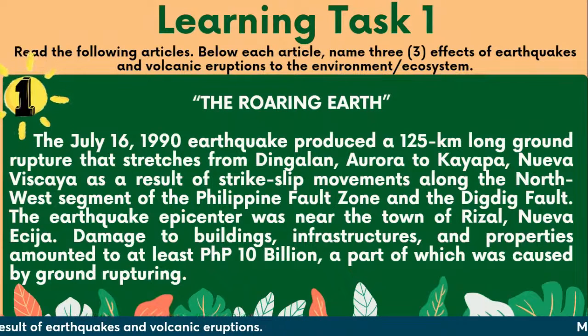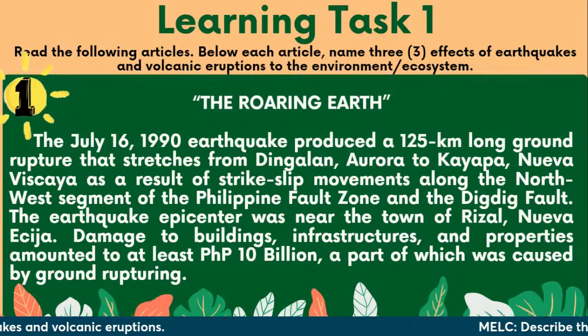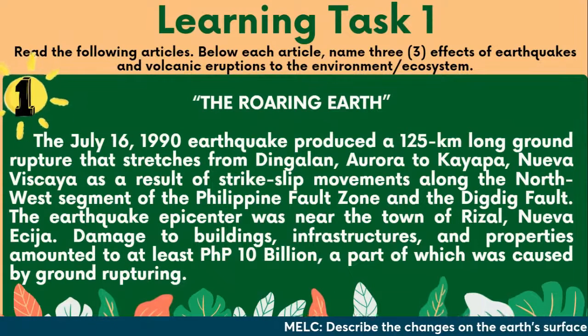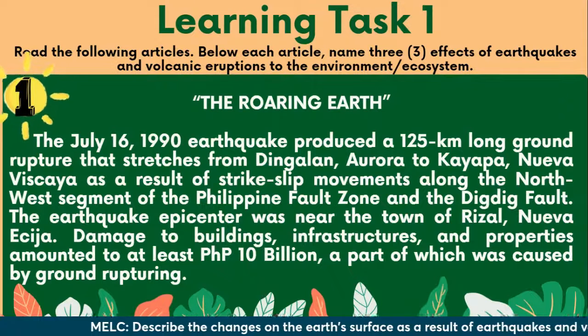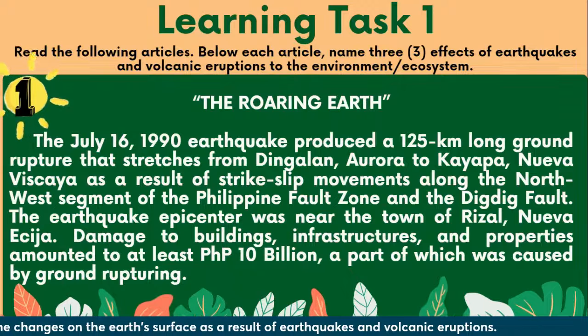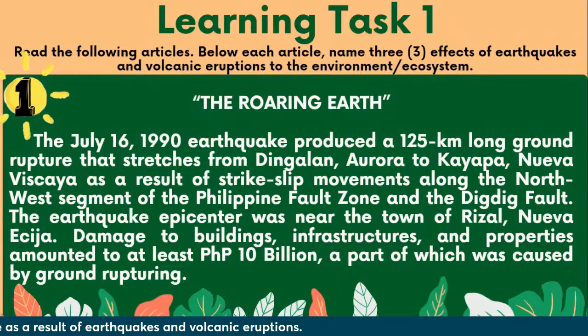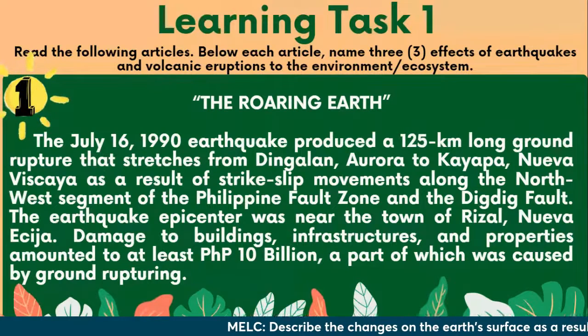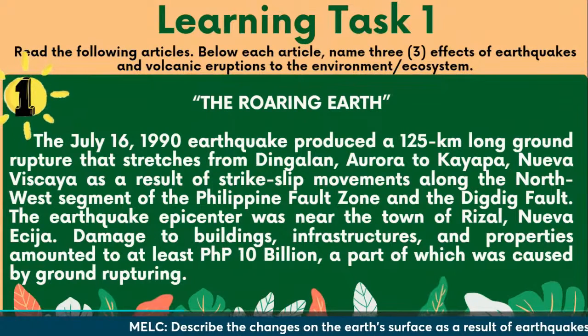The earthquake epicenter was near the town of Rizal, Nueva Ecija. Damage to buildings, infrastructures, and properties amounted to at least 10 billion pesos, a part of which was caused by ground rupturing. Now, grade 6 learners, all you have to do is to name the 3 effects of earthquake from this article.